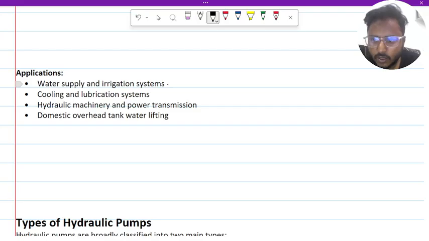It provides rotational kinetic energy to the inside part of the pump, I'm not giving the name right now, we'll discuss later on. That particular kinetic energy will be provided to the hydraulics, meaning water, liquids, which will further decrease the pressure at that point. So the applications are water supply and irrigation systems, cooling and lubrication systems.